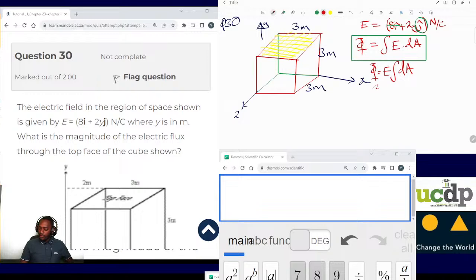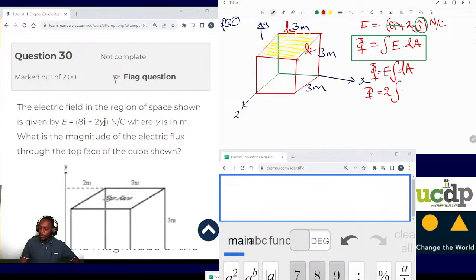Continuing, in place of E, we will put our 2y. And the integral of our area is as a result of dx and dz, because y is not contributing in calculating the area of that top surface, right?